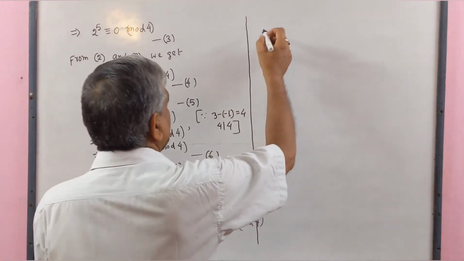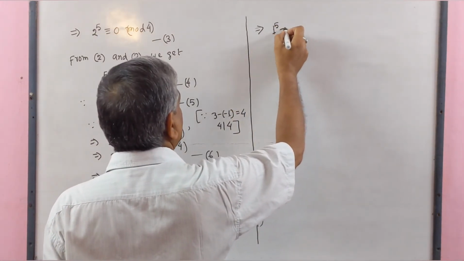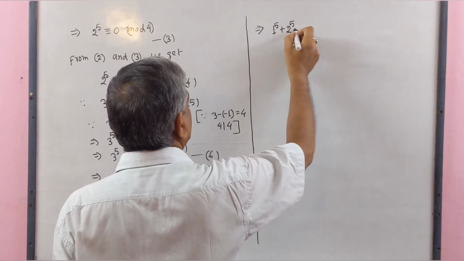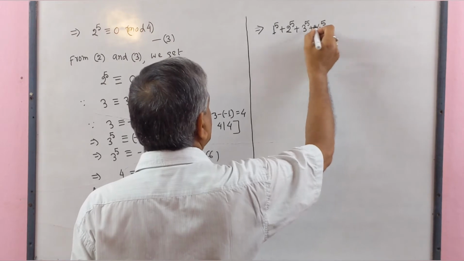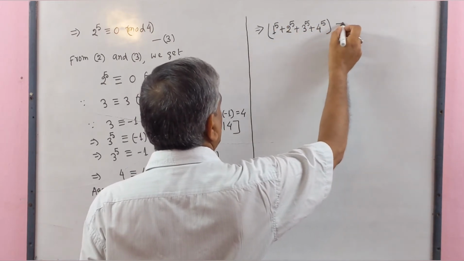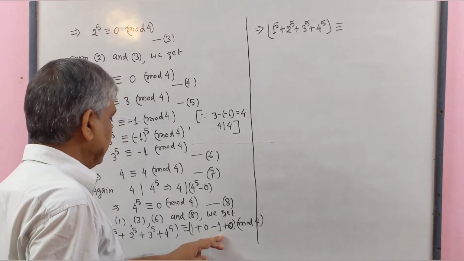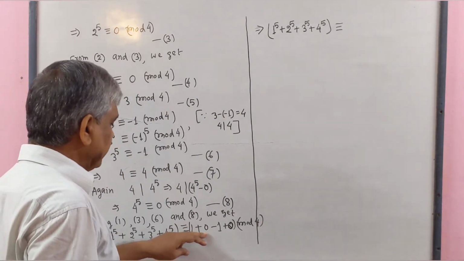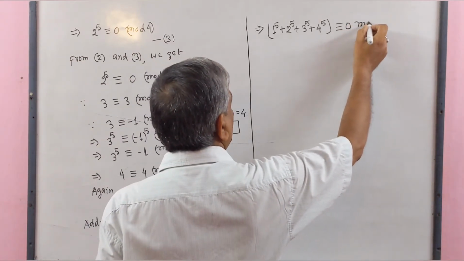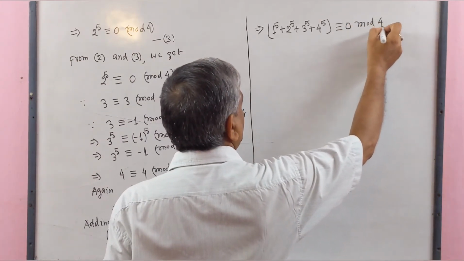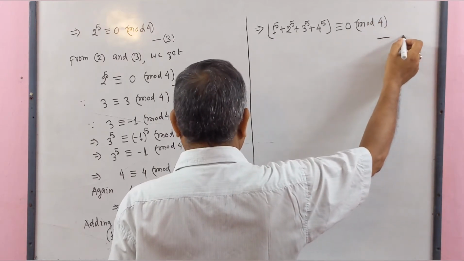This implies that 1 to the power 5 plus 2 to the power 5 plus 3 to the power 5 plus 4 to the power 5 is congruent to, here plus 1 minus 1 cancel, so in right side we get 0 modulo 4. This is number 9.